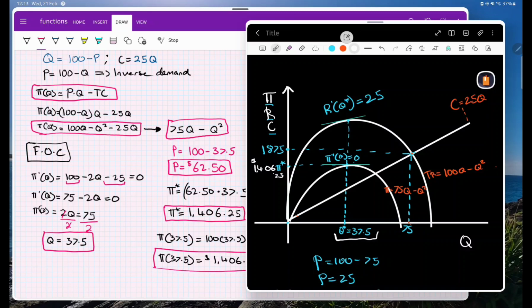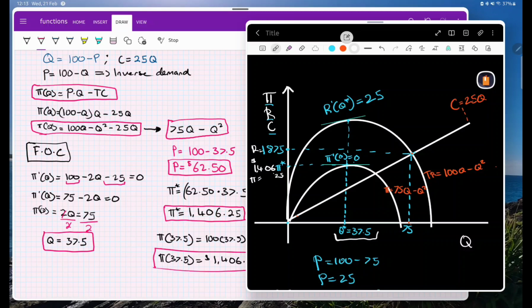Now, you have to be aware that the profit, revenue, and costs are all graphed on this one plane. So the 875 is your revenue for that, and the profit is equal to that.